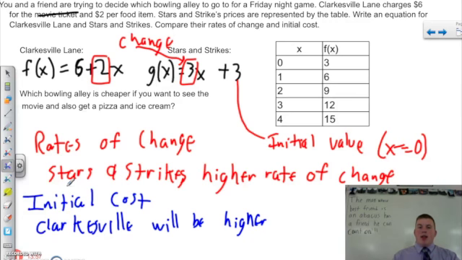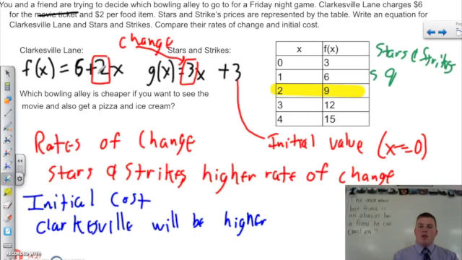Now, the last question we were asked is which bowling alley is cheaper if you want to see the movie and also get a pizza and ice cream? So we are buying 2 different food items. If we're buying 2 food items at Stars and Strikes, we can look over at our chart and see that we're paying $9.